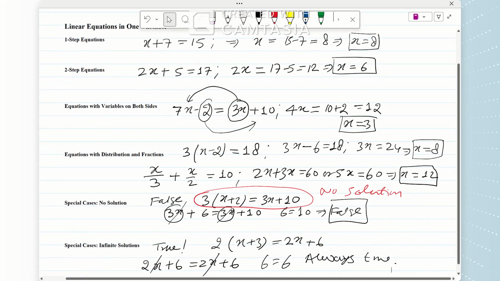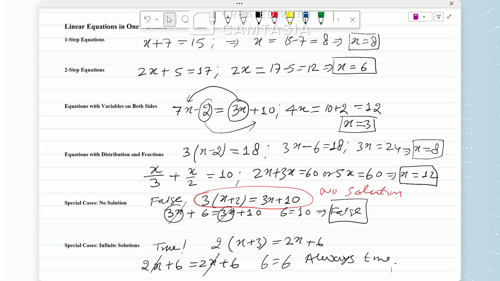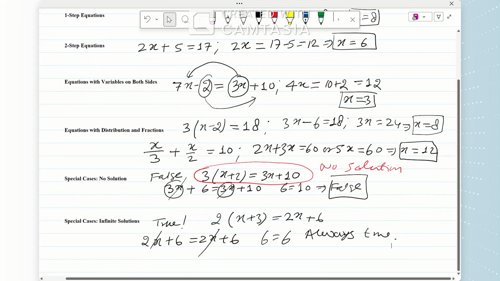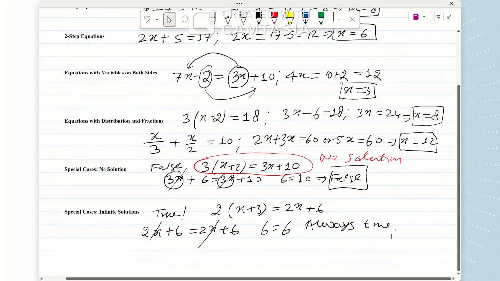There are different types of problems that come in the SAT. Equations that can be solved in a single step, 2 steps, involving variables on both sides, involving distribution property, involving fractions, and then either no solution or infinitely many solutions.